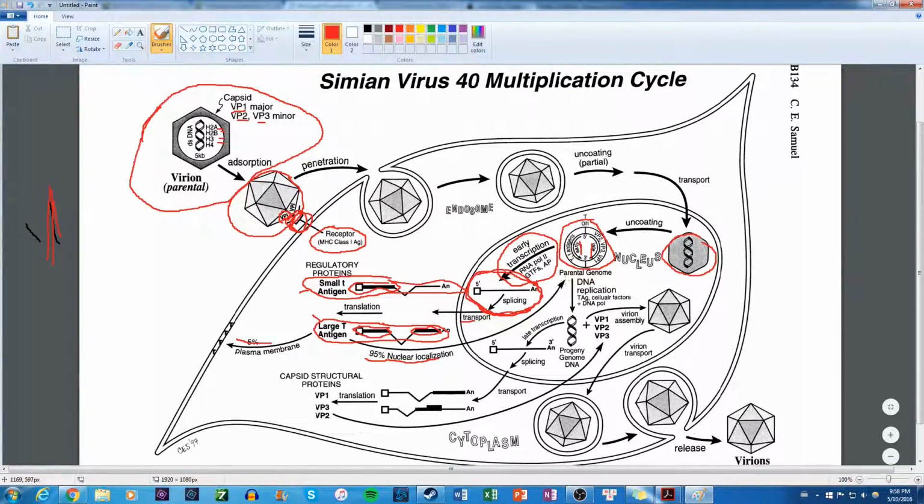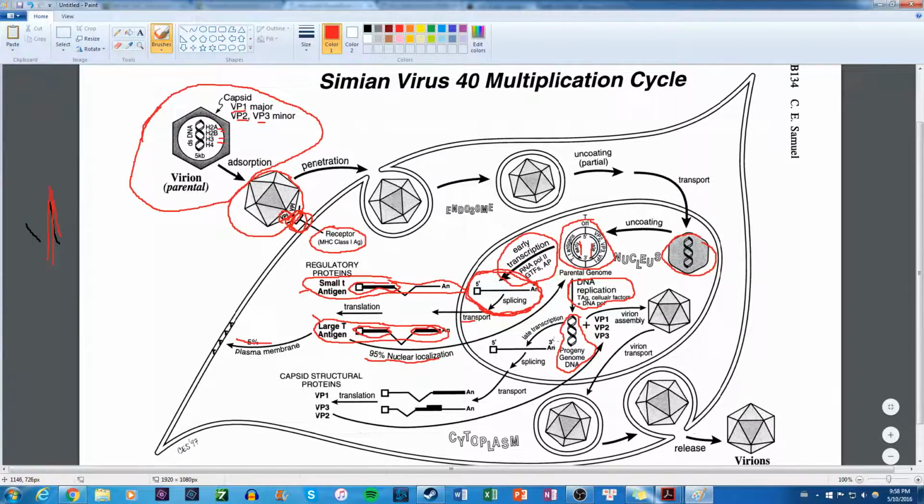It goes back into the nucleus because most of its functions are related to driving DNA replication, which you see right here. Okay. So then you replicate a bunch of double-stranded DNA, you make a bunch of double-stranded virus DNA.